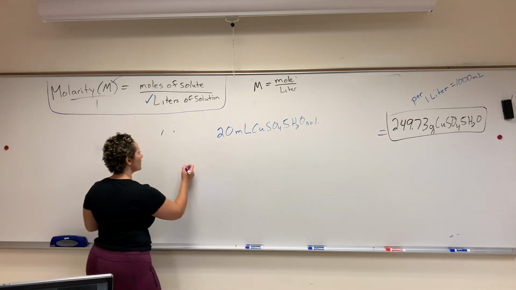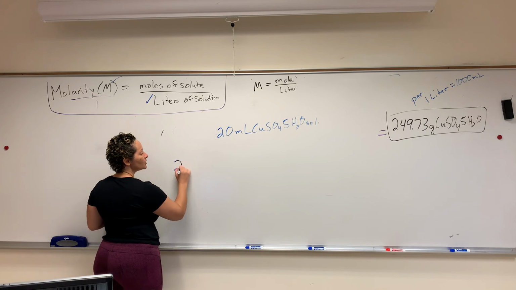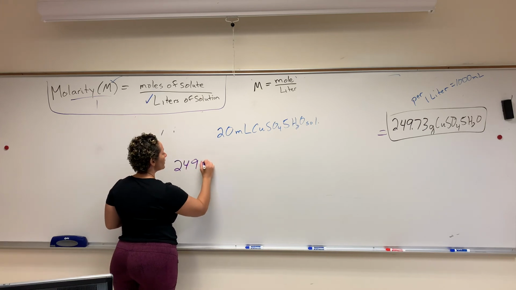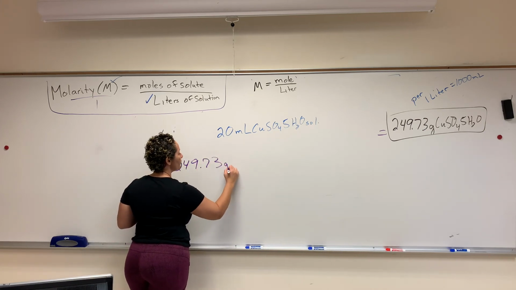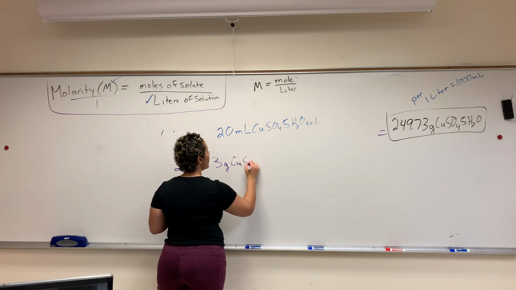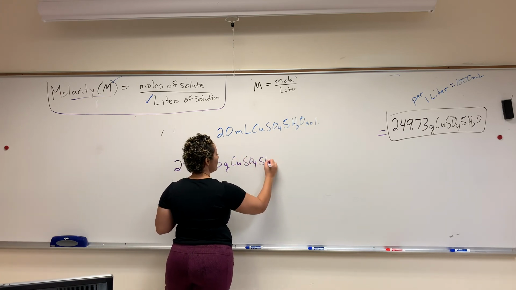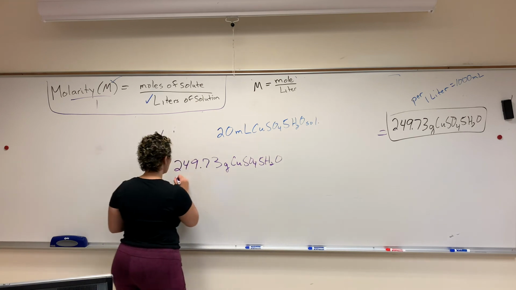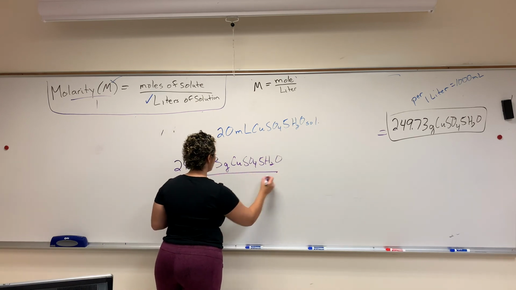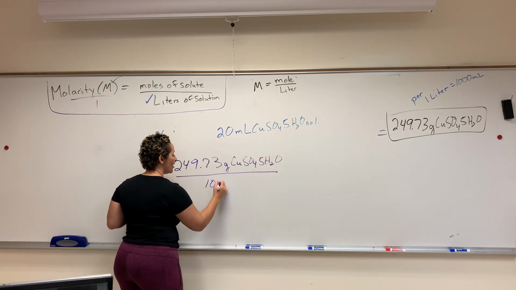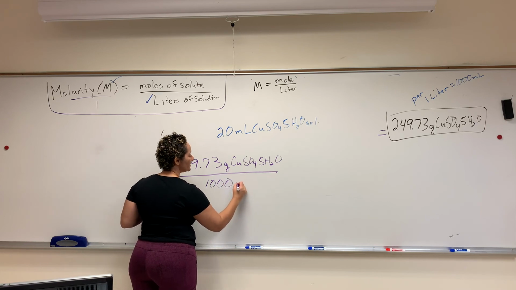I'm gonna go ahead and put 249.73 grams of CuSO4·5H2O per 1,000 milliliters.